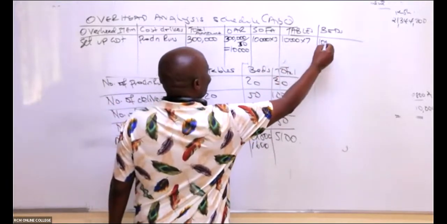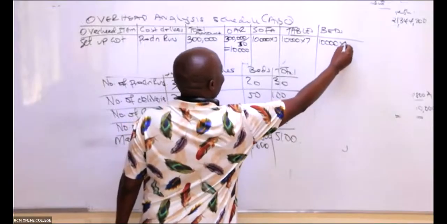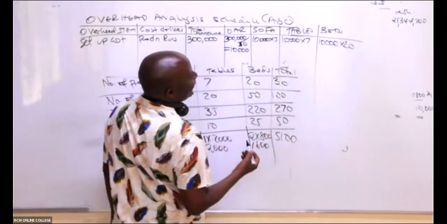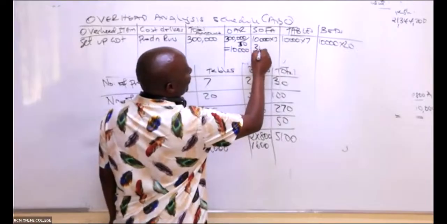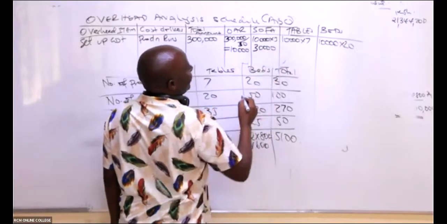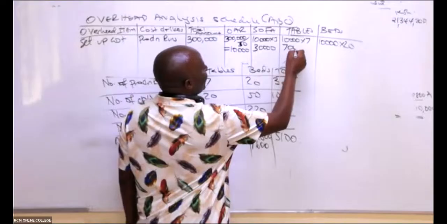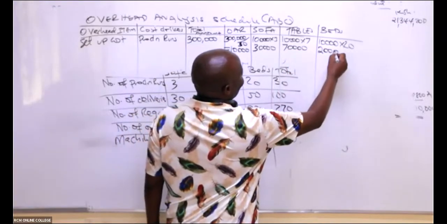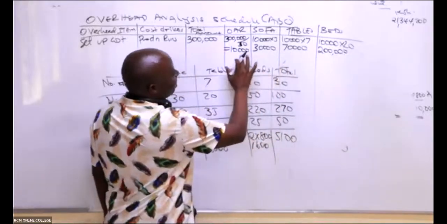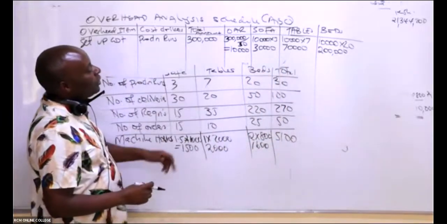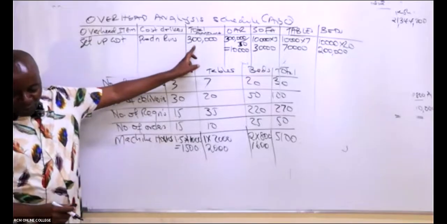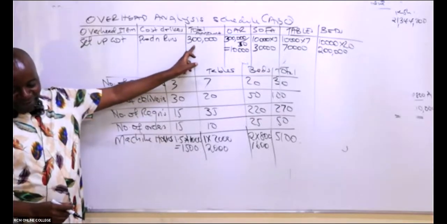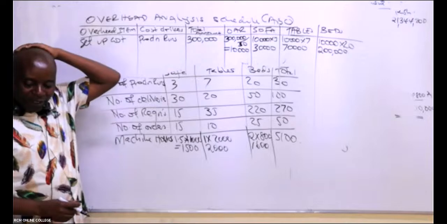This will be 10,000 times 20. So then this will be 30,000. This will be 70,000. This will be 200,000. And the 3, if you add them, they must give you a total of 300,000.